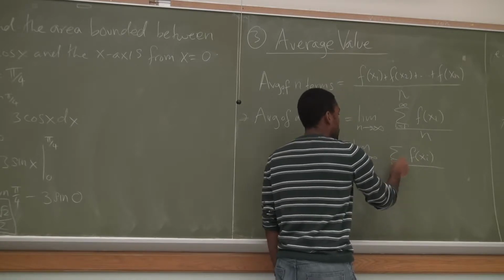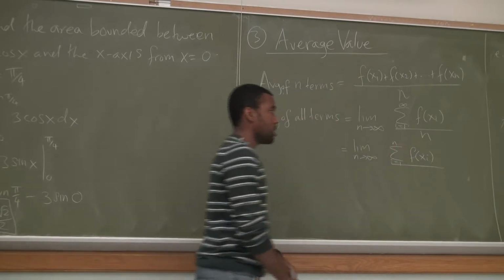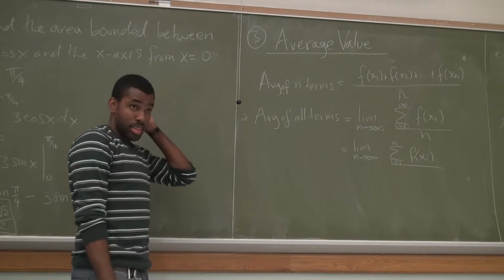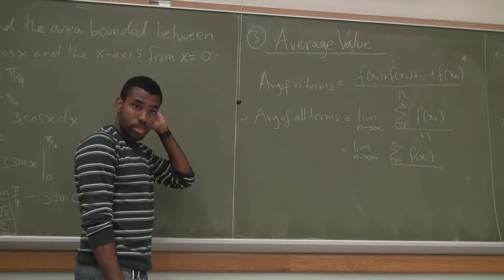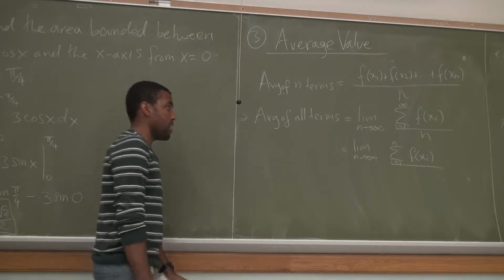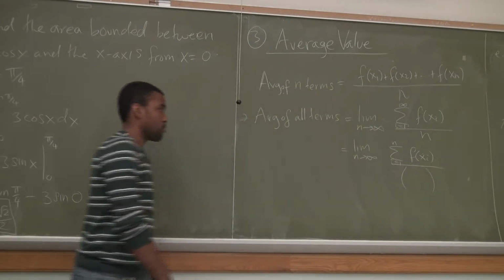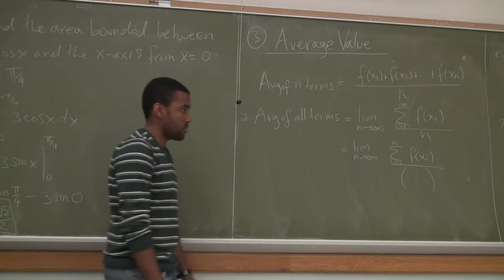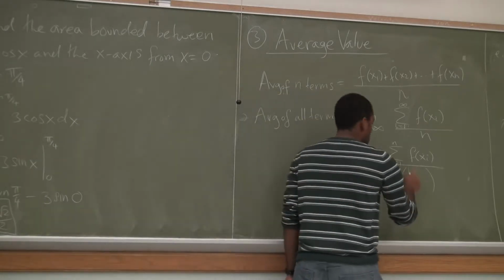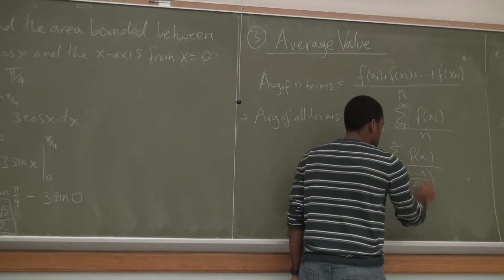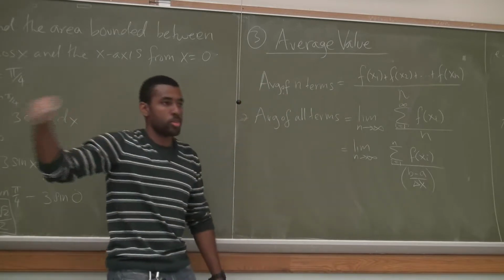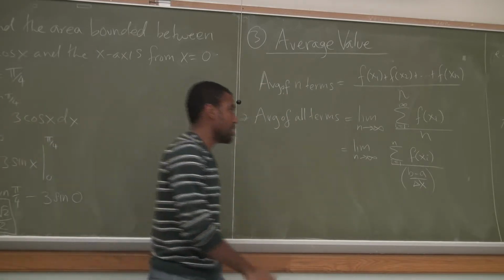Now we know from our study of Riemann sums that delta x is actually b minus a over n, right? This means I can actually rewrite n in what form? It's just b minus a over delta x. You take delta x equals b minus a over n, solve for n, you get that.